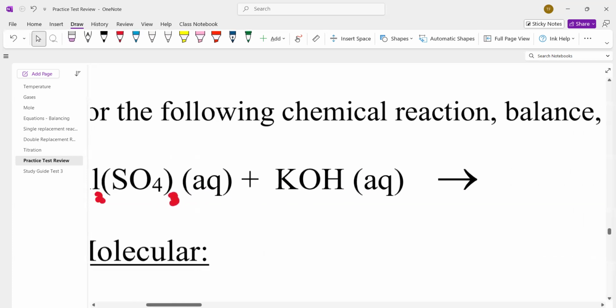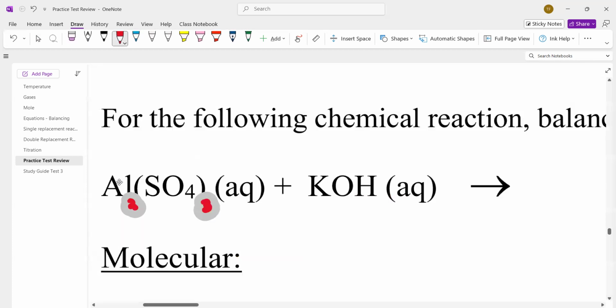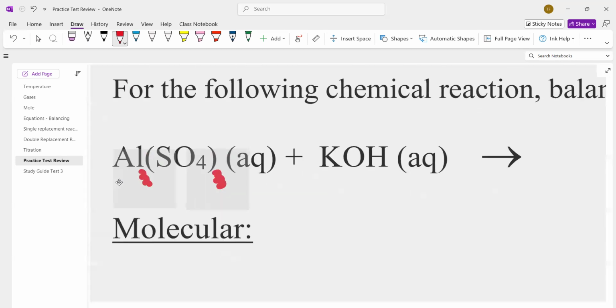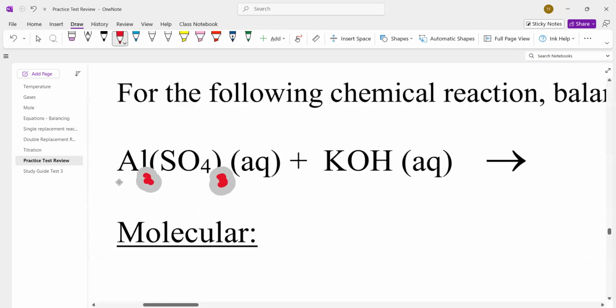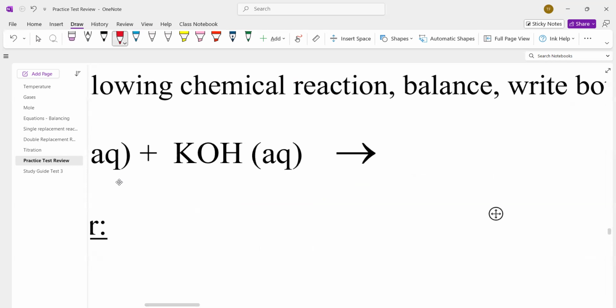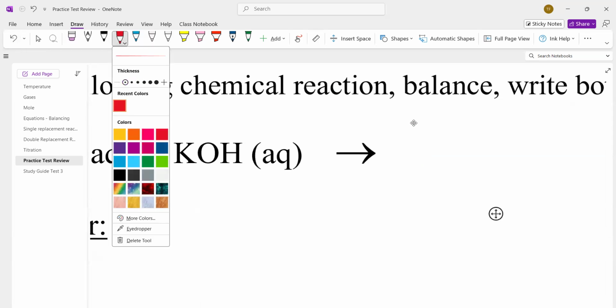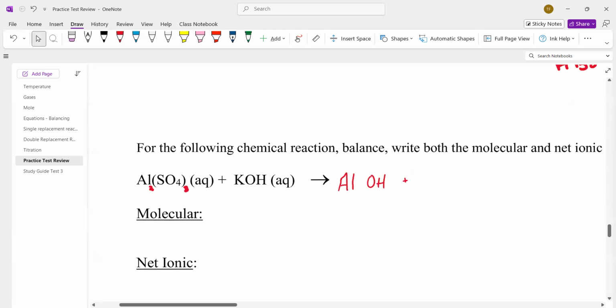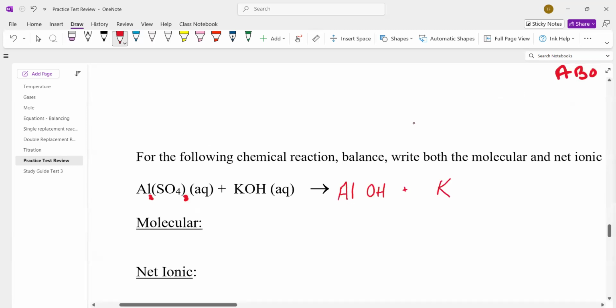So the question is, we have aluminum hydroxide plus potassium sulfate.